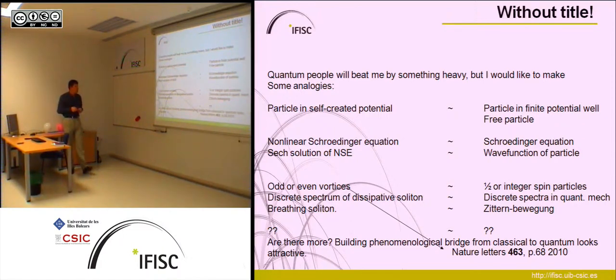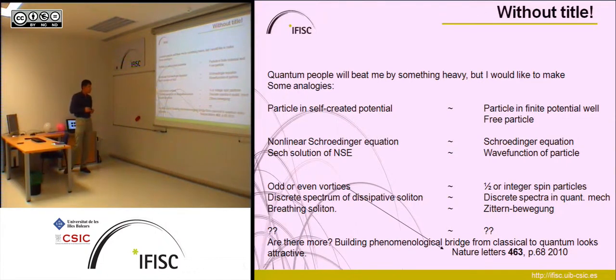I'm saying here that in the nonlinear Schrödinger equation, which has one additional cubic nonlinearity, there is a hyperbolic secant localized solution, but it's unstable. And I will say that this hyperbolic secant solution is a direct analogy of a wave function. So, a particle in free space without any potentials is better described by the nonlinear Schrödinger equation, which has localized solutions, though unstable.